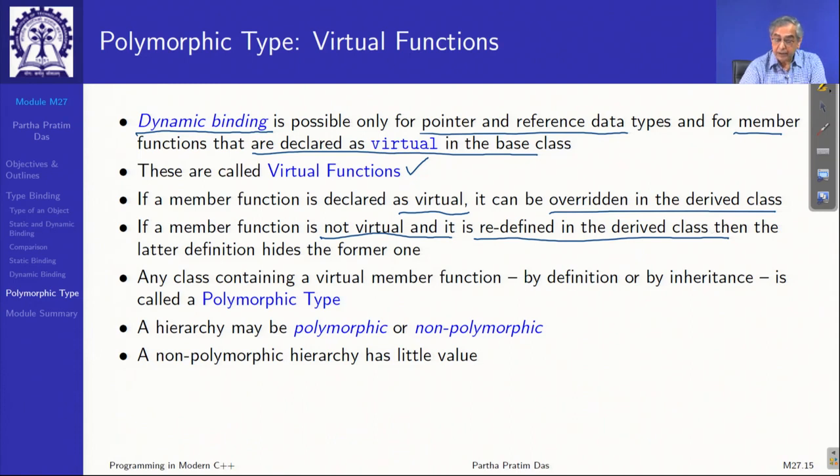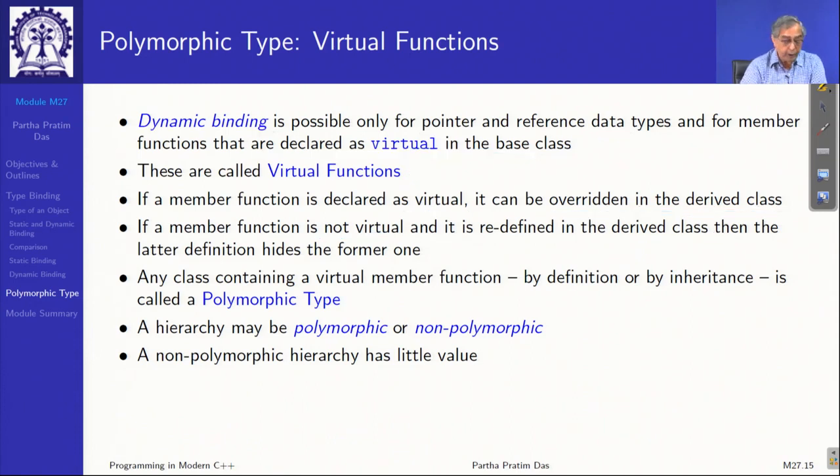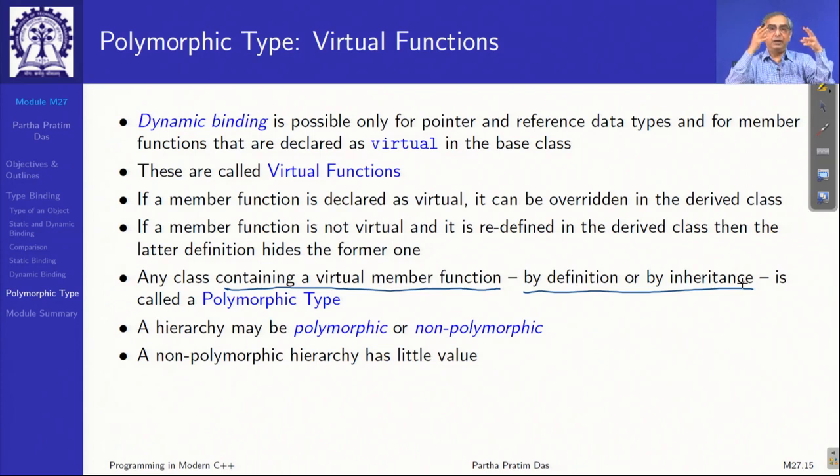So, given all these, any class which contains a virtual member function, at least one, it may be many, which could be either by definition, that it is declared as virtual, or it has got by inheritance because its parent had a virtual function and being a specialization it has inherited from the parent.